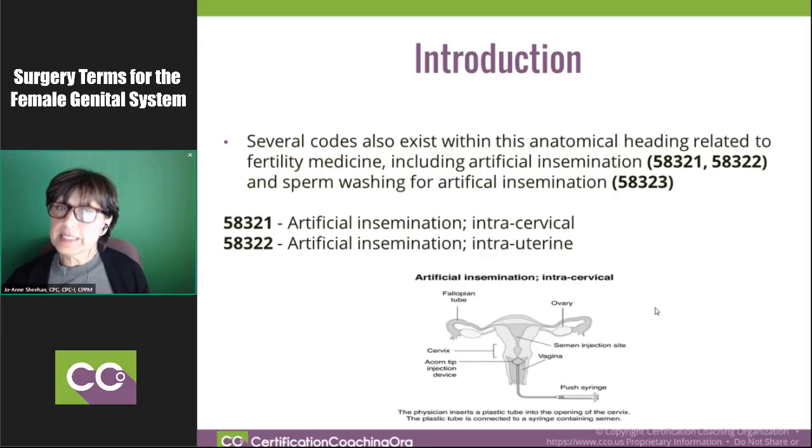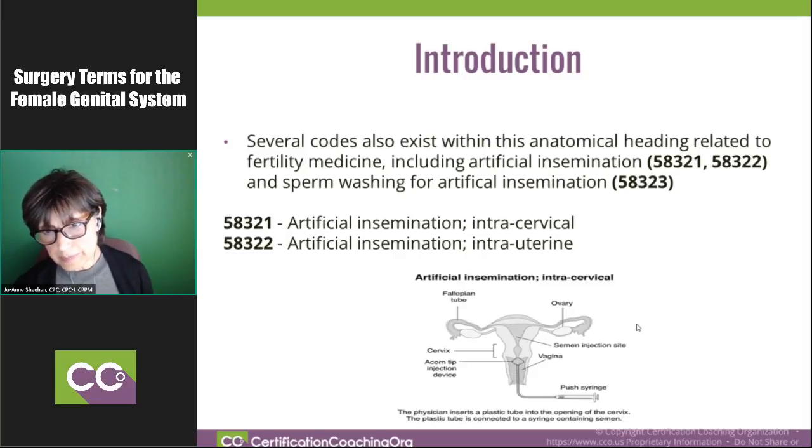Now, several codes exist within this anatomical heading relating to fertility medicine. Some that are included would be artificial insemination, which is 58321 and 58322, and sperm washing for artificial insemination, which is 58323. So 58321 is artificial insemination, intracervical, and 58322 is artificial insemination, intrauterine.